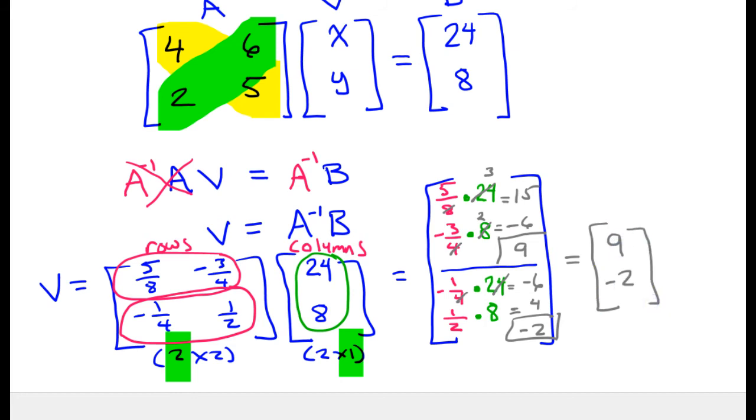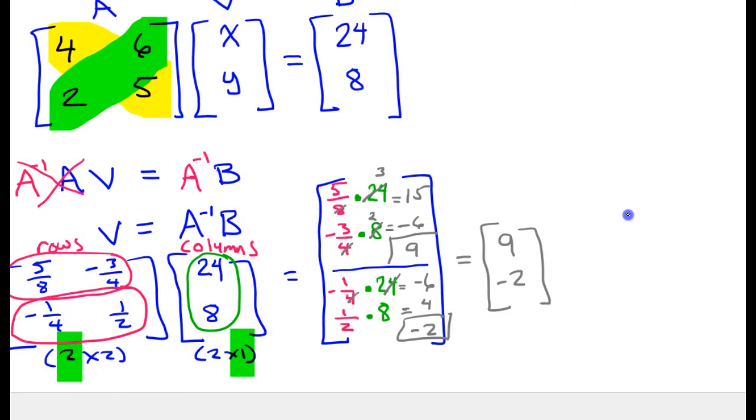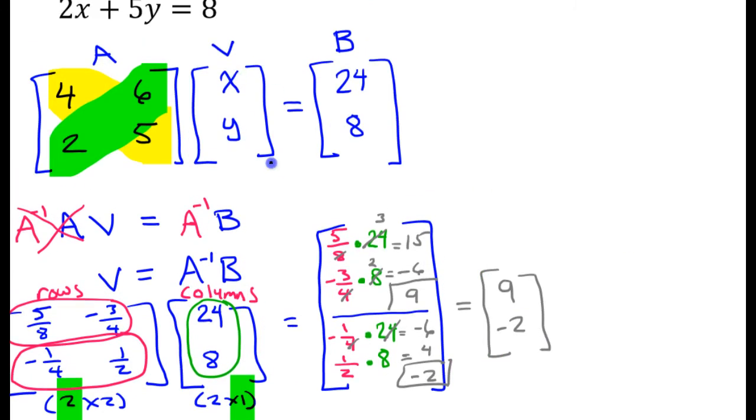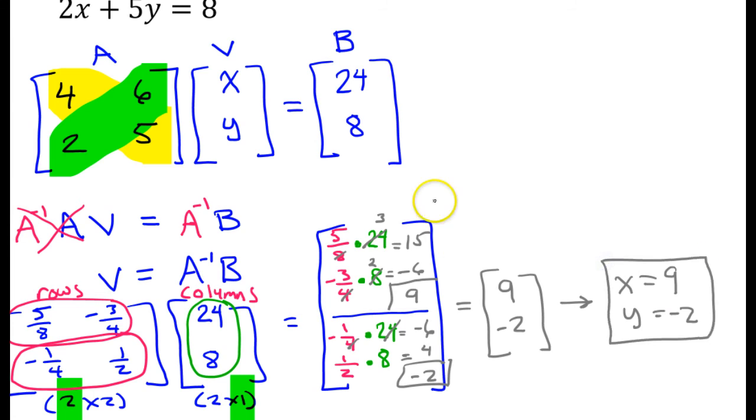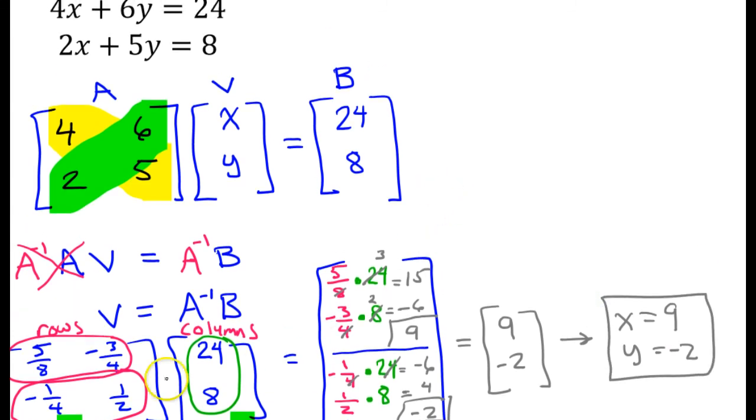Considering that matrix V was X and Y, that means X is equal to 9 and Y is equal to -2. So that's how you use matrices to solve systems of equations.